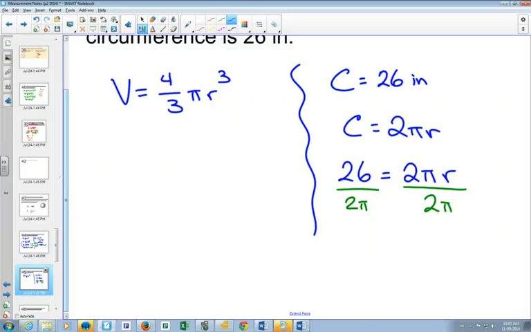And I want to make sure that you get one of those 2 answers. The smaller of the 2 answers is 4.138, and the bigger of the 2 answers is 40.84.